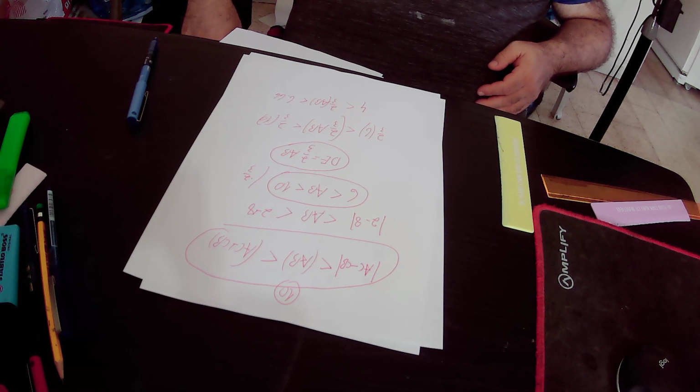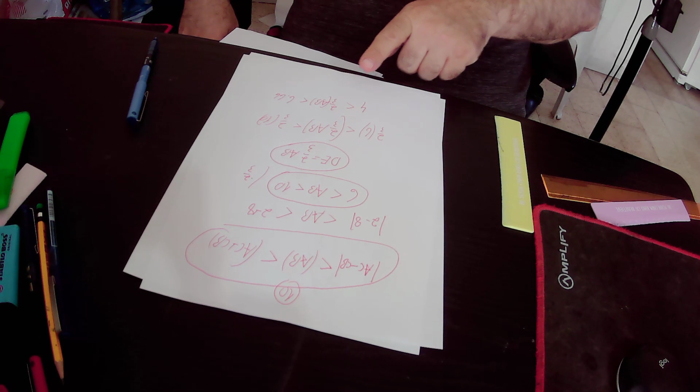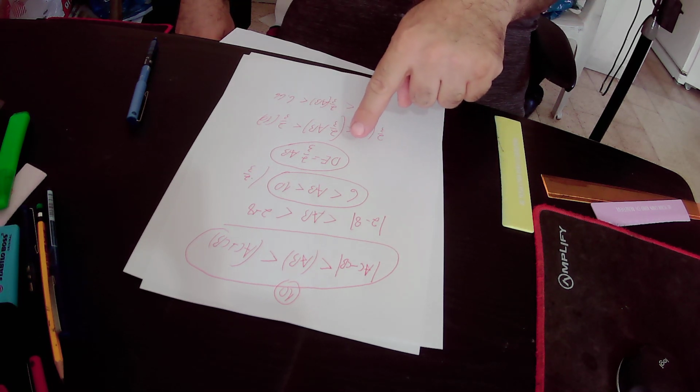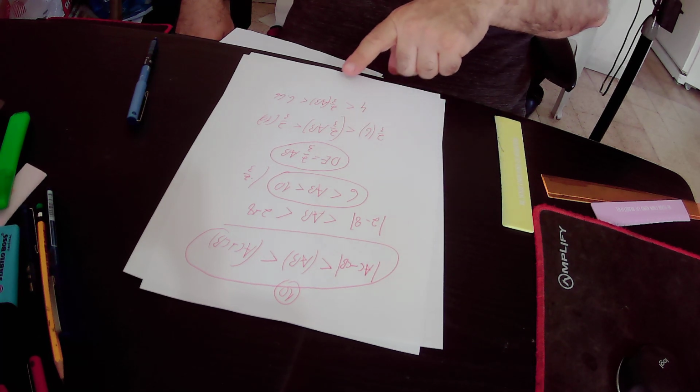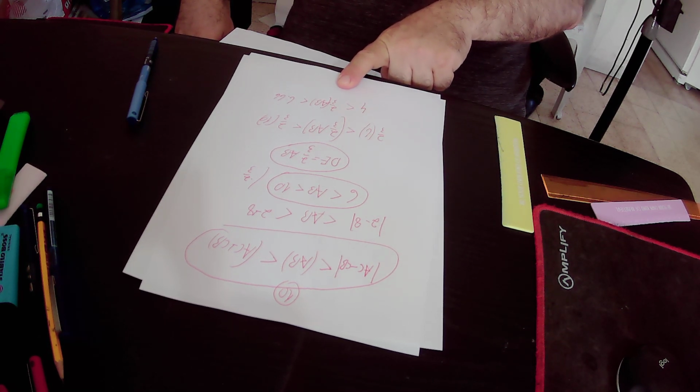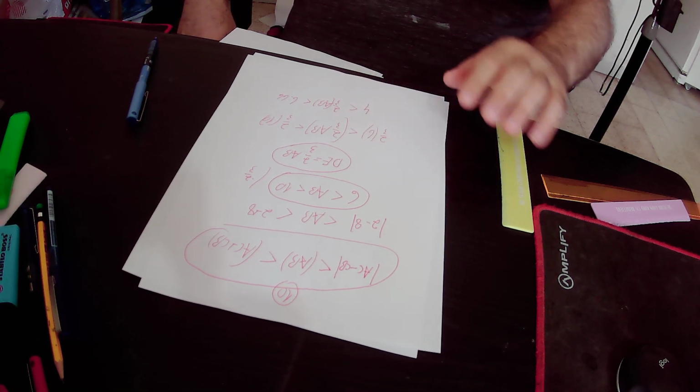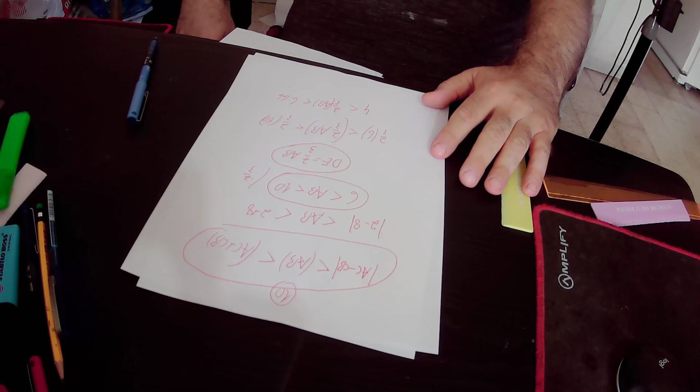So we found out that 2/3 AB is greater than 4, and it is smaller than 6.66. But we know that 2/3 AB equals dE, so we can substitute 2/3 AB by dE in this expression. Okay?